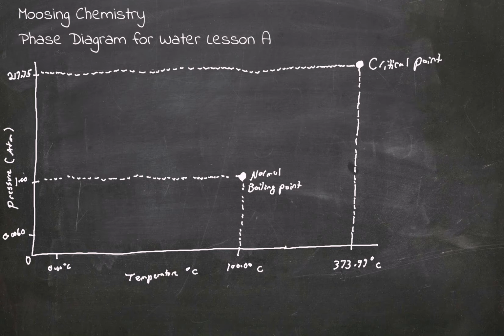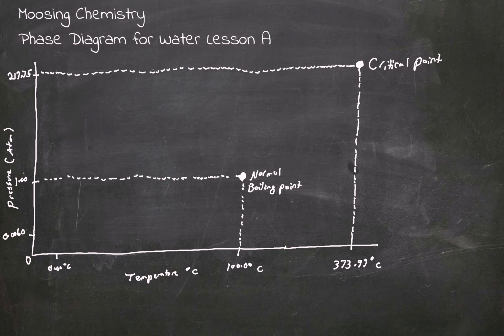What the critical point basically tells us is the temperature above which the substance cannot exist as a liquid, no matter how much pressure you put on it. So water at 217.75 atmospheres at 373.99 degrees Celsius cannot remain as a liquid. At that critical point, no matter how much pressure we put on it, it's going to turn into a gas. That's what this means.